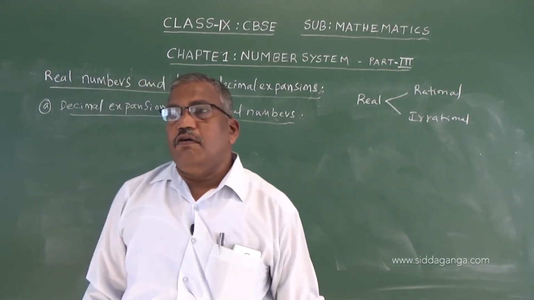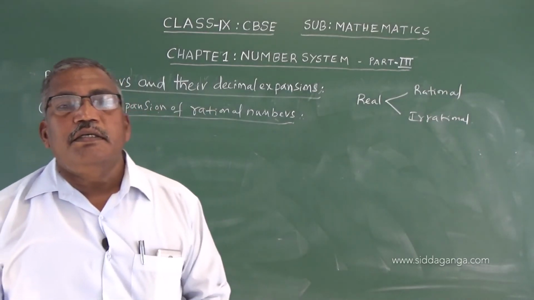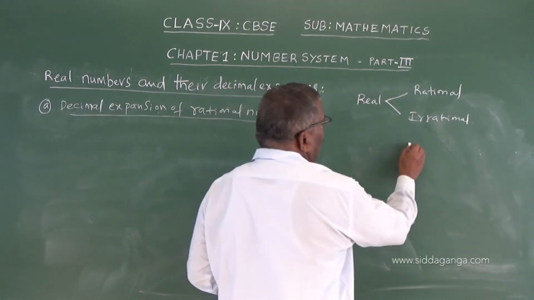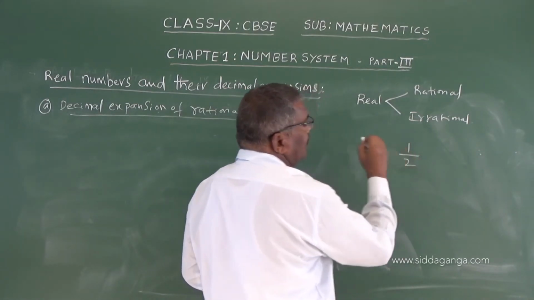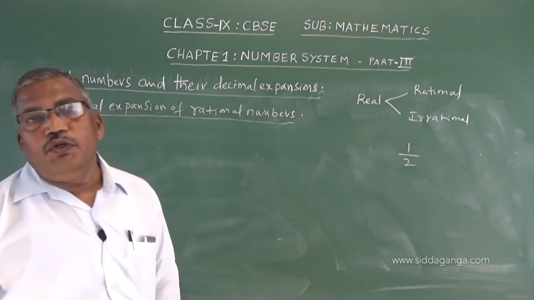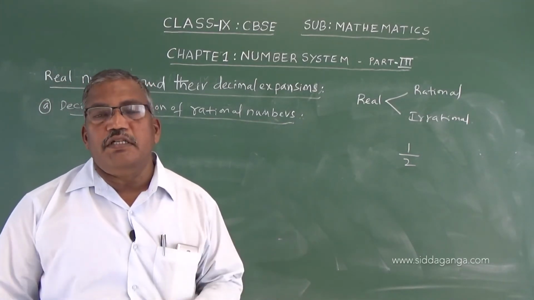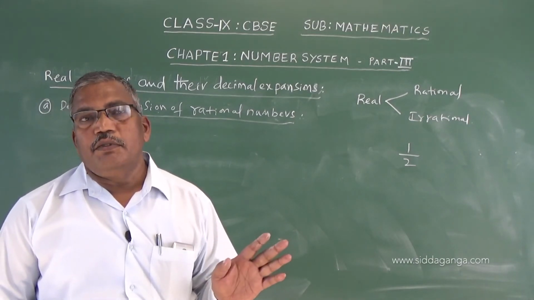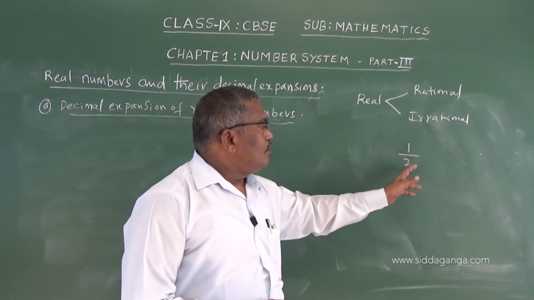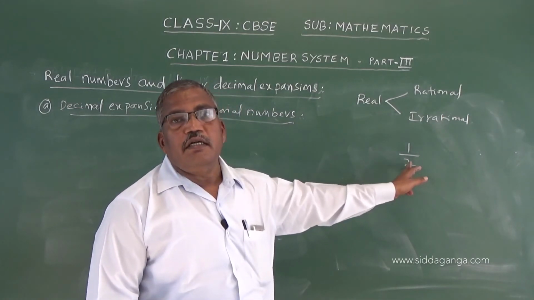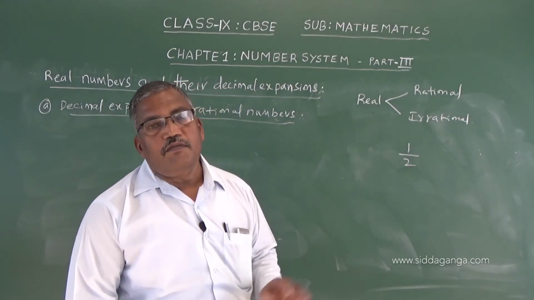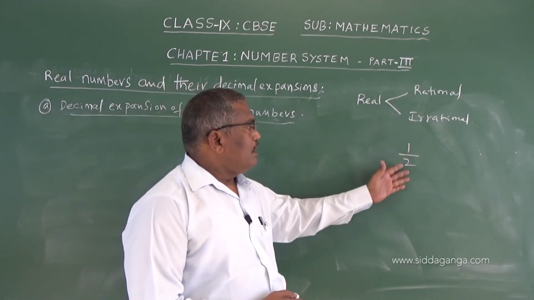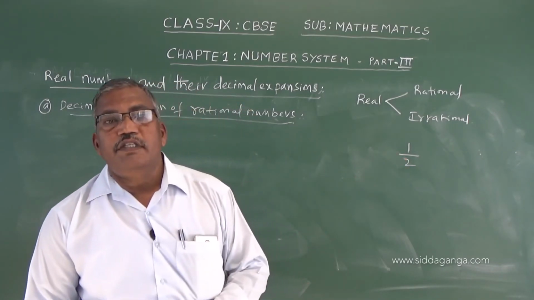First we have to understand what is a decimal number and what is a decimal expansion of that number. Suppose I write 1 by 2. We know this number is in the form of p by q, where p is an integer, q is an integer, and it is not equal to 0. Therefore, it is a rational number. We call this the rational form of this number.